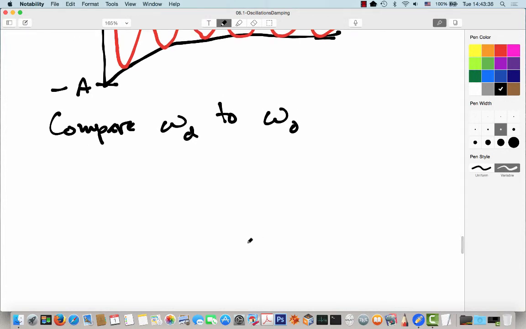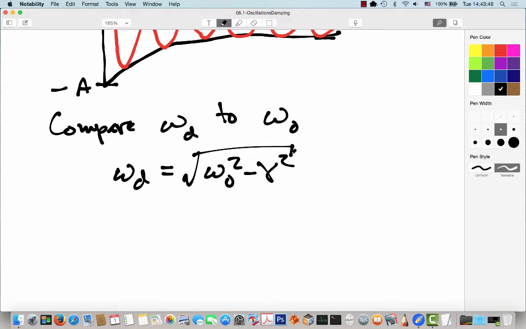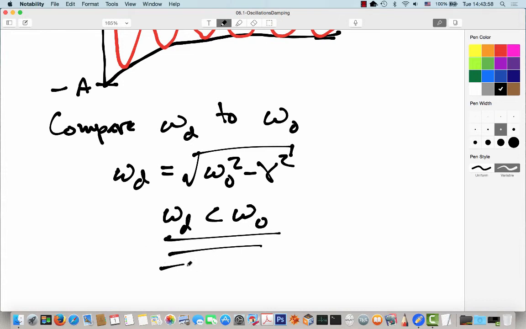Okay, we recall that omega damped was defined to be the square root of omega naught squared minus gamma squared. So what we have here is that omega damped is going to be less than omega naught. And so that means that the damped period will be greater than the undamped period.